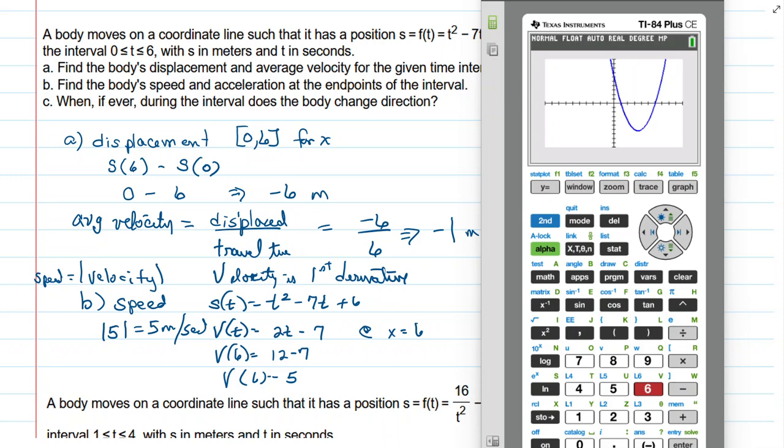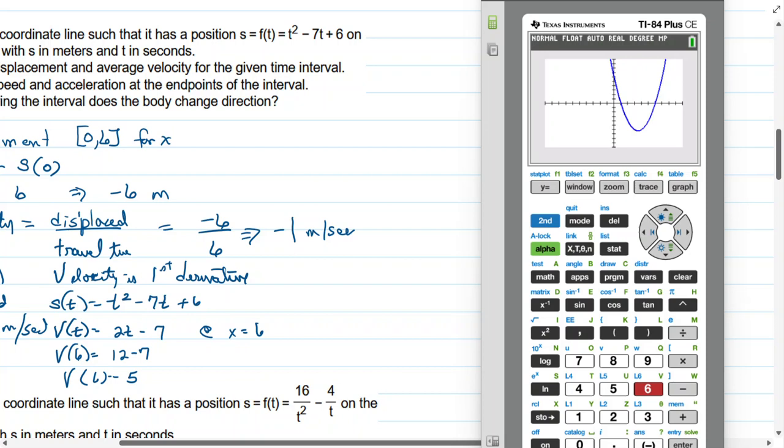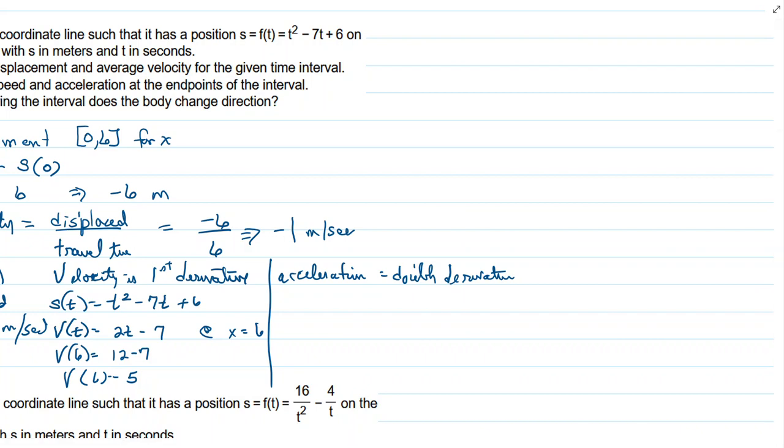All right. Now they want acceleration at the endpoint. And acceleration is the double derivative. Or we could say the derivative of velocity, right?